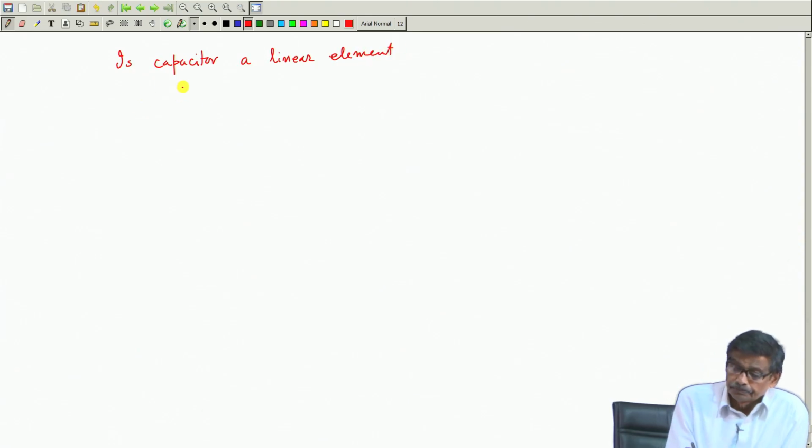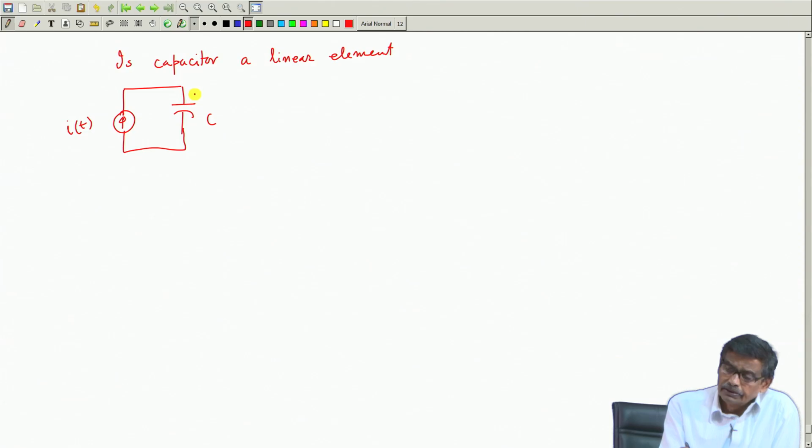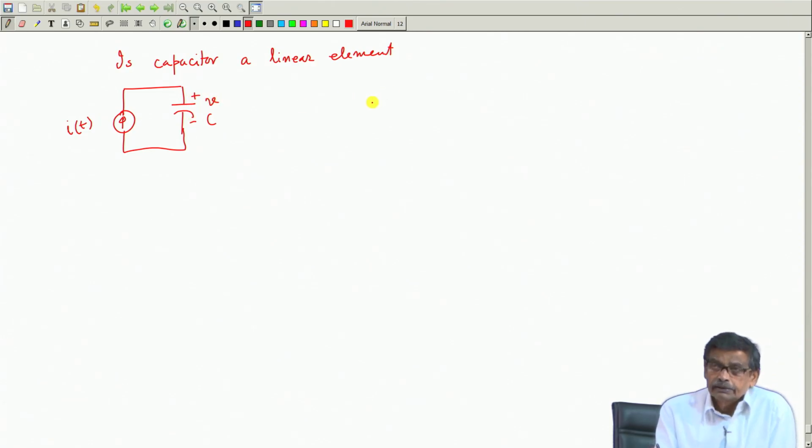This is your C, and here you are connecting some, say, current source I(t), and we know that the voltage across the plate of the capacitor, V(t), is the output.